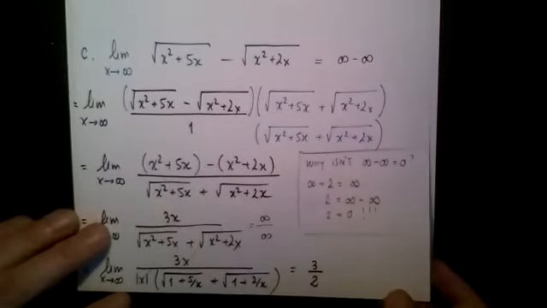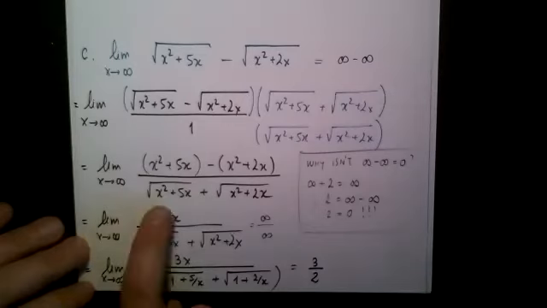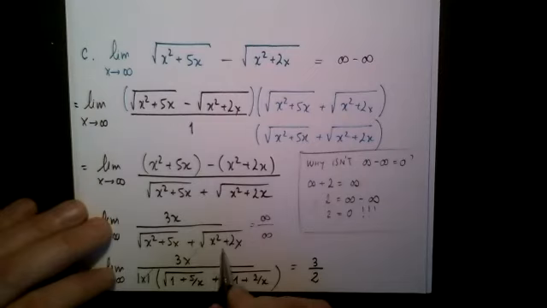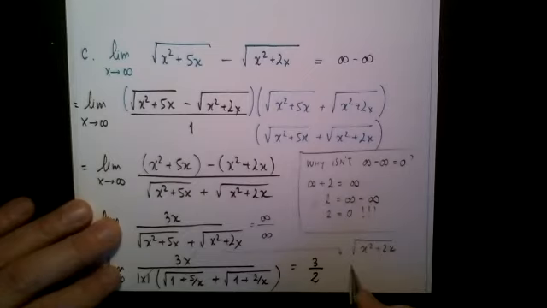Why is it absolute value? Because the square root of a number is always positive. Let's say here, the square root of x2 plus 2x is equal to the square root of x2 times 1 plus 2 over x.